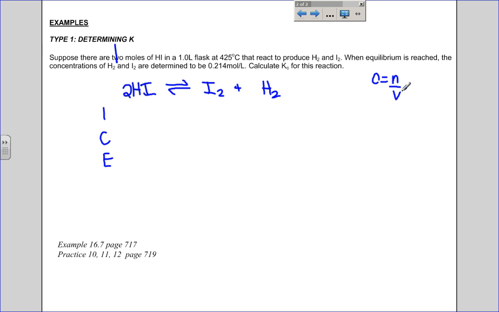So when we're told that 2 moles of HI is put in a 1 liter flask, that means that n is equal to 2 and V is equal to 1. So we're starting initially with 2 mole per liter of HI. And the strategy that I use so that I can be sure I'm following significant digits is when I enter numbers into my ICE charts, I put them with the correct number of significant digits.